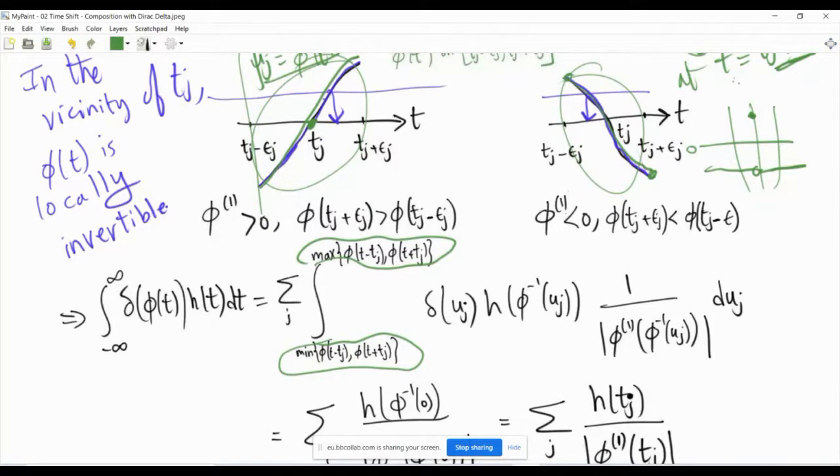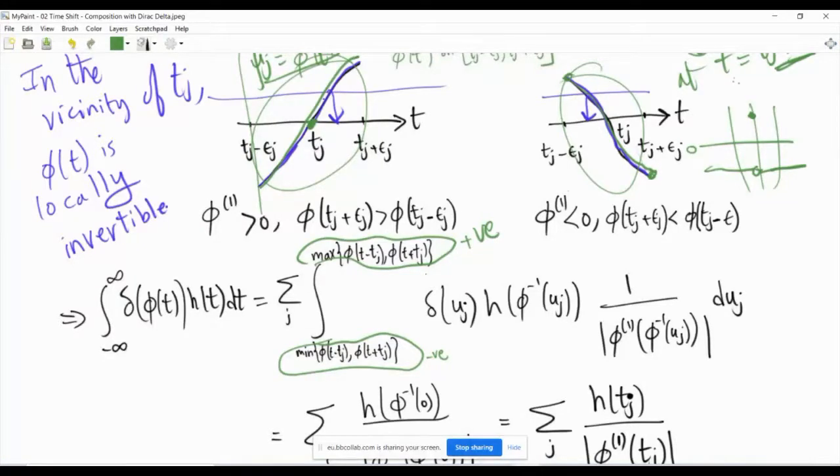This minus sign combined with the negative first derivative will make a positive quantity. So again, this is the technicality. What if the derivative is negative? We can integrate from something negative to something positive, and we have an extra minus sign.